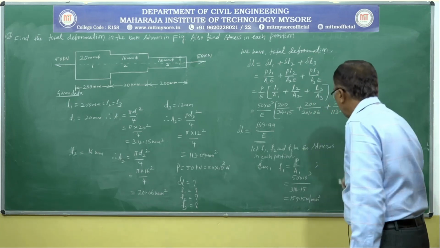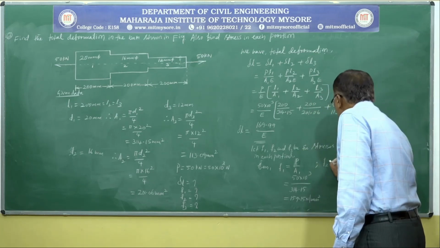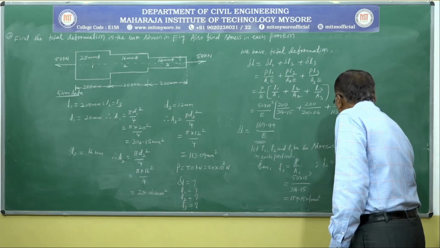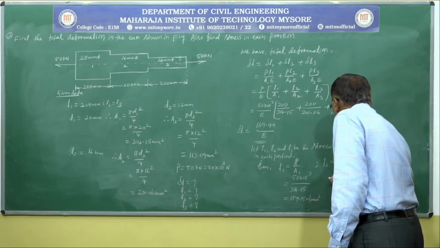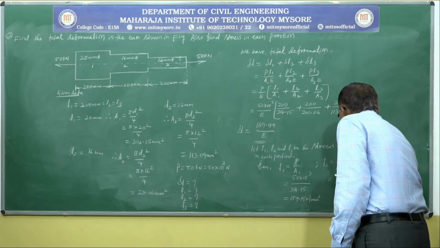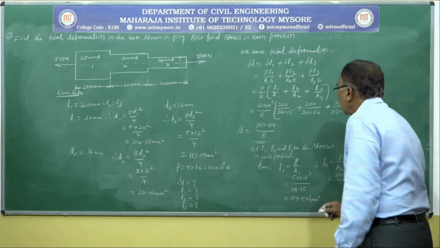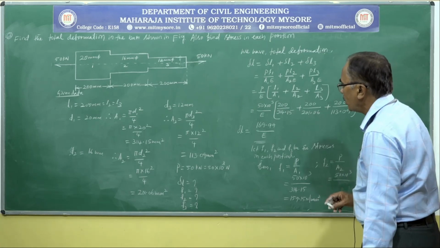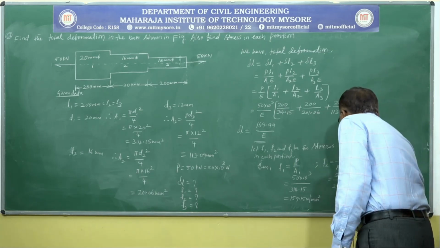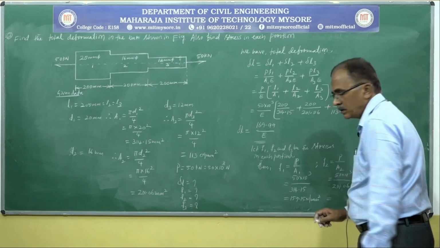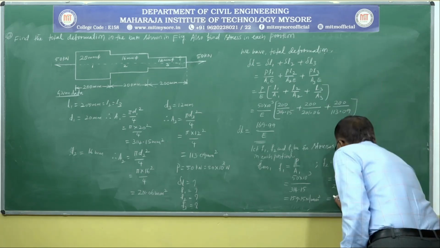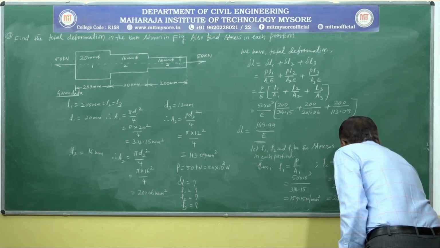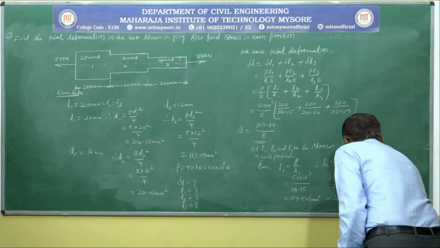F2 is equal to P by A2, that is equal to 50 into 10 power 3 divided by A2, which is 201.06, that is equal to 248.68 Newton per millimeter square.